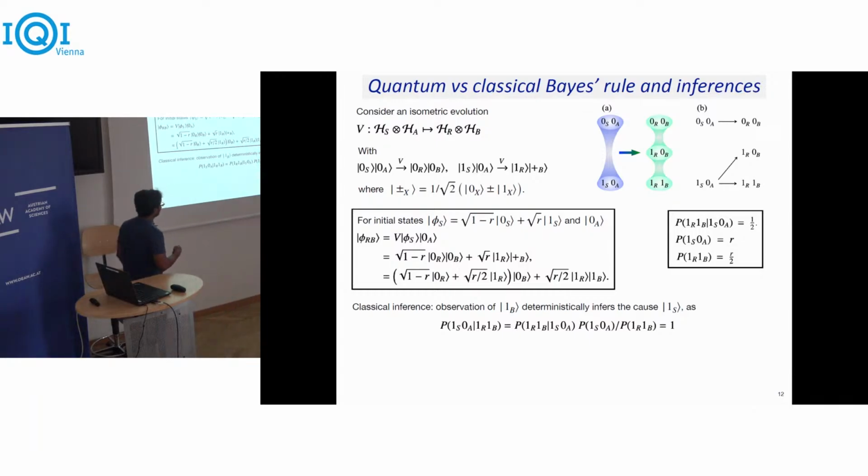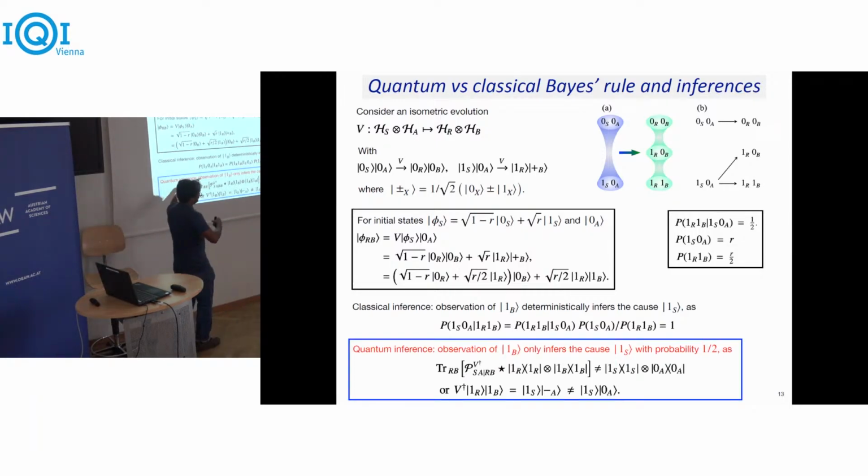Okay? But in the quantum domain, if you make use of this quantum Bayes retrodiction, which in the simplest way is nothing but applying the inverted unitary to the observed state, you immediately see that this is not equal to this one. So it has something else actually.